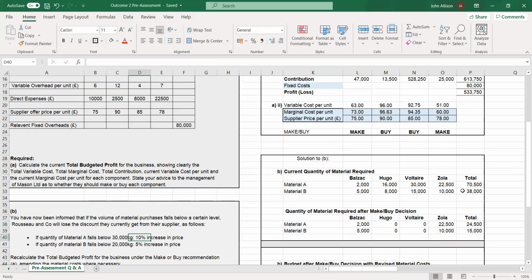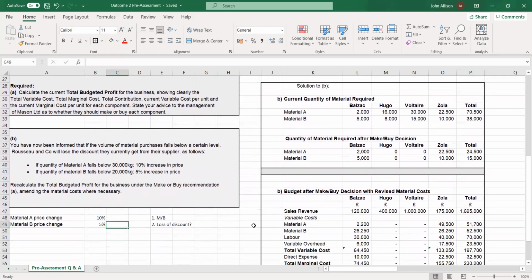And the same thing's happened with material B. We're using less than 20,000. We were using 38,000. It's down now at 15,000. So it's fallen below 20,000. It's triggered a price increase. We're no longer buying enough to qualify for the discount. And the consequence is material A and material B are going to increase in price.